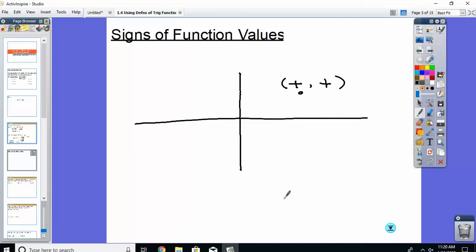Tangent is y over x. So what's true about all of those? Positives. And we know the reciprocal will have the same sign. So in quadrant 1, they are all positive. All 6 trig functions turn out to be positive if your angle lies in the first quadrant.